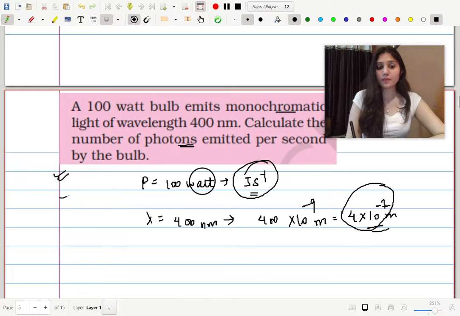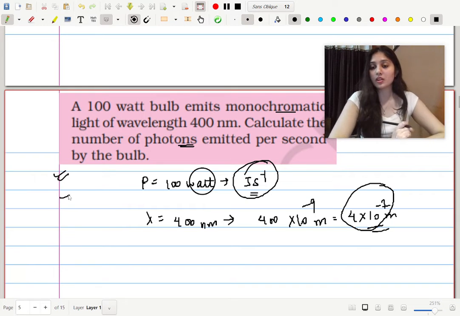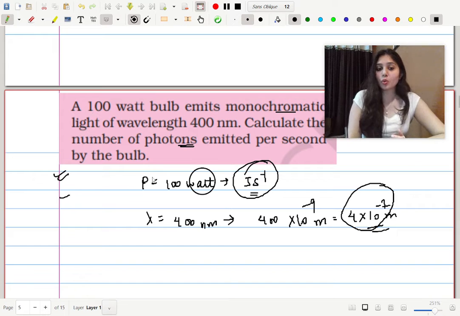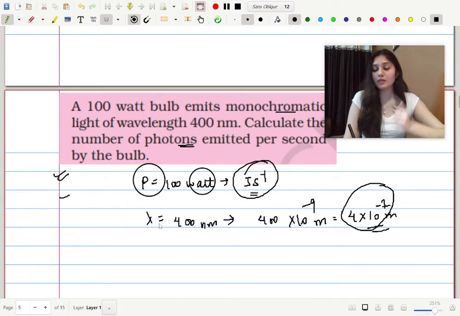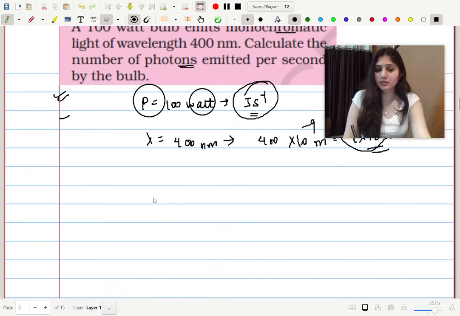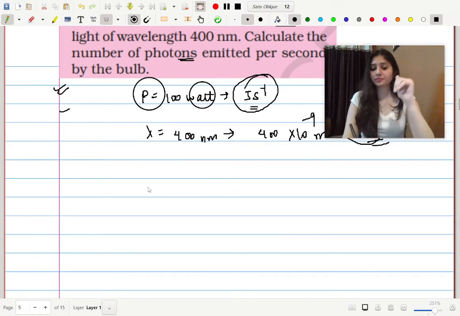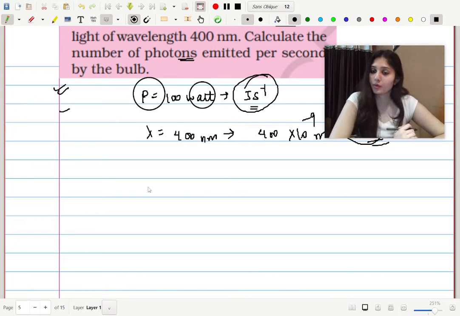All right, so this is a very simple question if we understand it. The question is saying that we have the total power which the bulb is emitting, and we have the wavelength of light. We have to find out the total number of photons emitted per second. Now let's say you have 100 rupees, and you go out to buy pens, and you buy 10 pens, right?